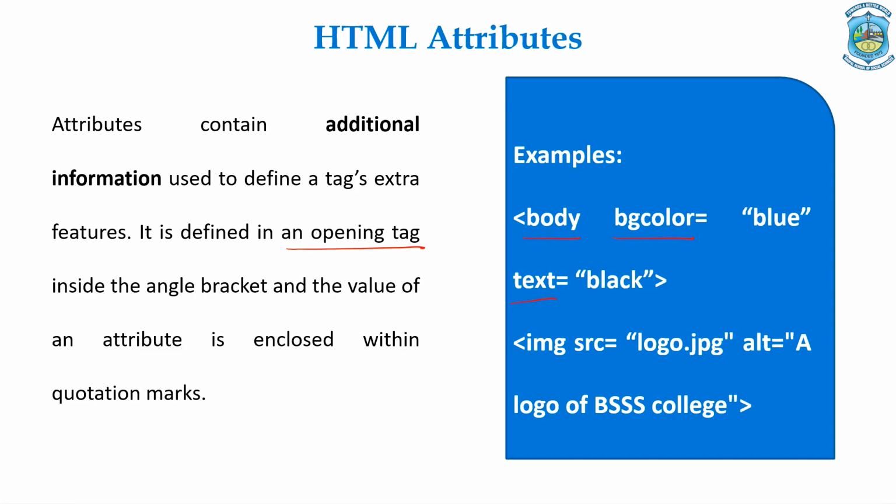One more example is given here, that is IMG. IMG is a tag for inserting images in your web page. It again has two attributes, that is src and alt. src stands for source, where you can give the path name of your source file, and alt can have some comment about the image.